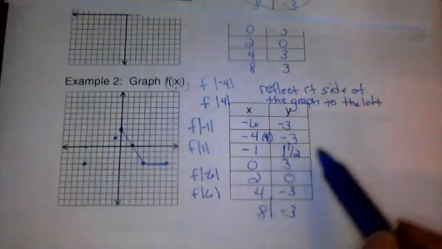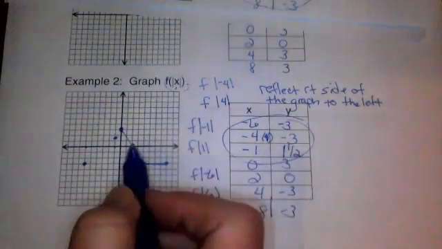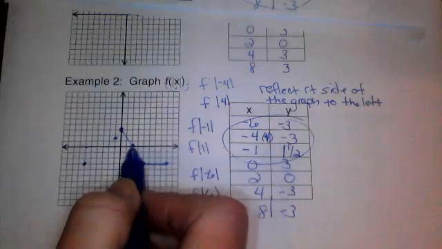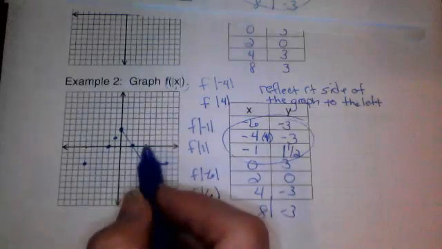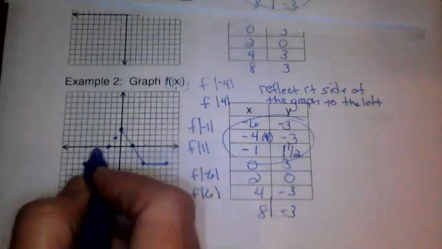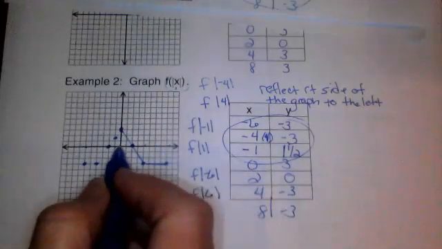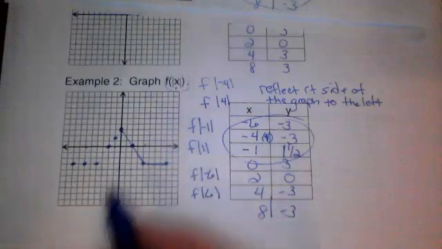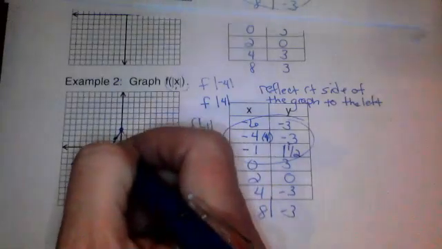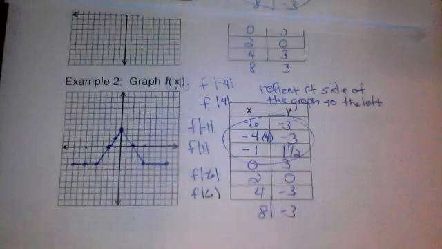So really, there's no need in having to do all of this part, which is a little confusing. All you have to do is take the points here. So (2, 0), and the left side would be (-2, 0). (4, -3) would be (-4, -3). (8, -3) would be (-8, -3). So the left side of this graph is a reflection of the right.